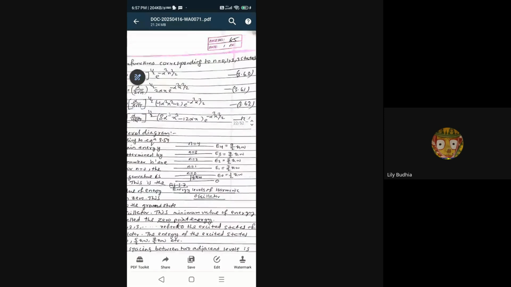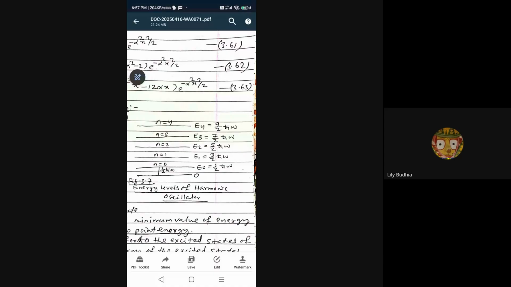Your psi 2 can be written as (alpha by 8 root pi) to the power half multiplied by (4 alpha square x square minus 2) multiplied by e to the power minus alpha square x square by 2, and your psi 3 can be written as root over (alpha by 48 root pi) multiplied by (8 alpha cube x cube minus 12 alpha x) whole multiplied by e to the power minus alpha square x square by 2. And you can see the energy level diagram on the screen, figure 3.7.